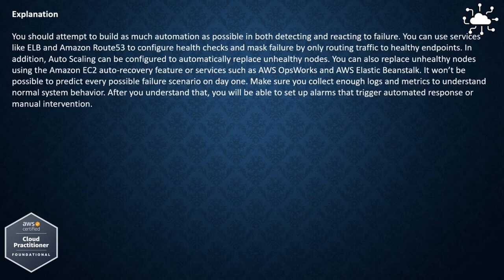You can also replace unhealthy nodes using the Amazon EC2 Auto Recovery feature or services such as AWS OpsWorks and AWS Elastic Beanstalk. It won't be possible to predict every possible failure scenario on day one. Make sure you collect enough logs and metrics to understand normal system behavior. After you understand that, you will be able to set up alarms that trigger automated response or manual intervention.